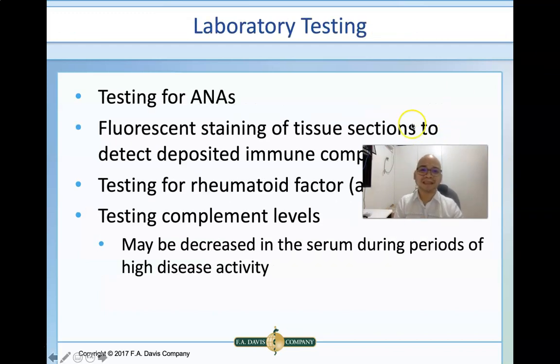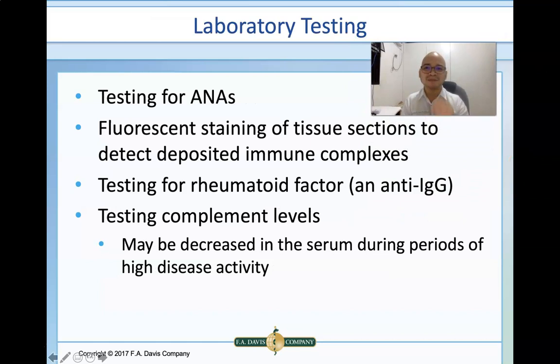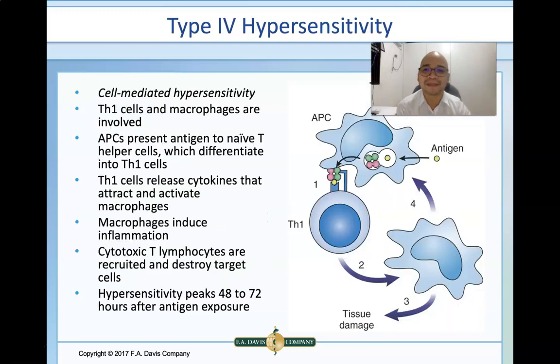Laboratory testing: actually, we will be discussing more of the ANA, anti-nuclear antibodies, in autoimmune disease, so we will have a thorough discussion of that. Fluorescent staining, testing for rheumatoid factor, again, will be discussed in autoimmune disease, and testing for complement levels, which I already discussed to you during the prelims.